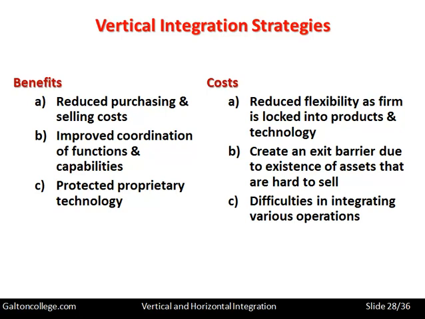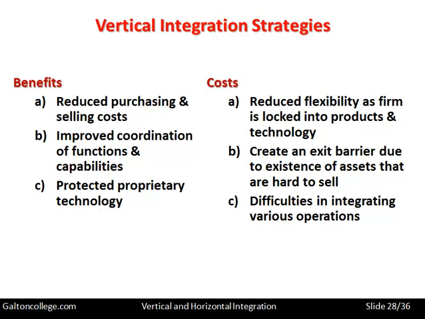And sometimes there are difficulties in integrating various operations. It's not as easy as perhaps I've been suggesting. If a company uses a lot of components made from different materials and using different technologies, it might be better to buy these in from various suppliers rather than set up a company trying to make all of them itself.